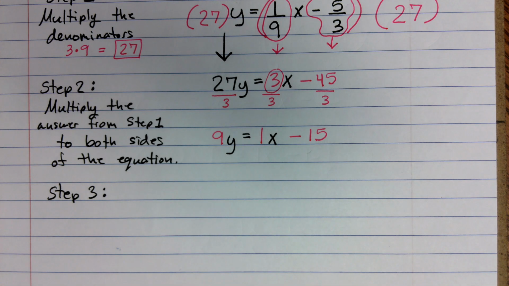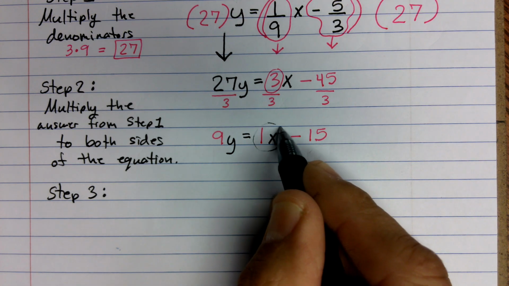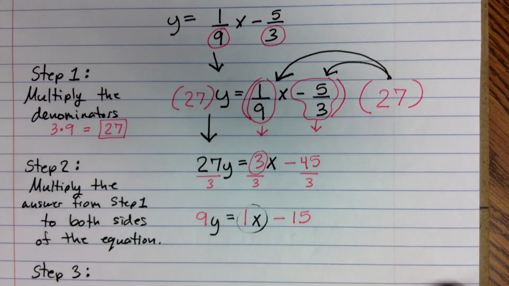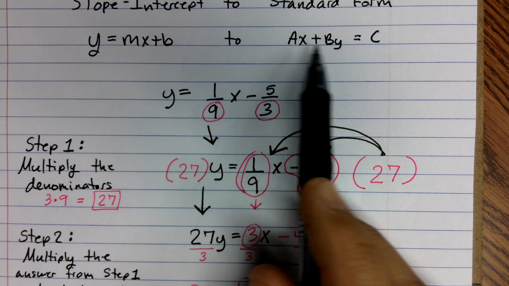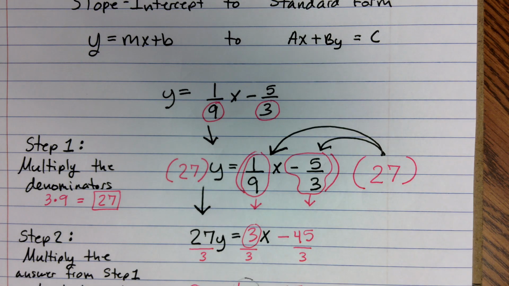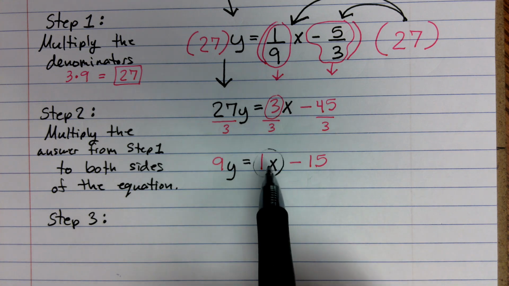Now step 3, we're going to make some adjustments. What we want to do now is move this 1x, right? Because this doesn't look like standard form, because our standard form, if I go back up here, has ax plus by equals c. In other words, the x and the y are both on the same side of the equation. And notice in this particular problem, our x is on the opposite side.